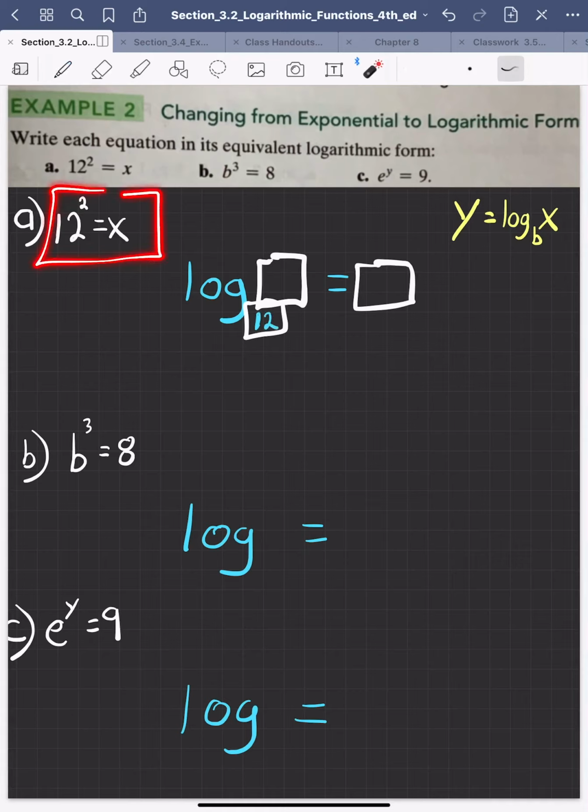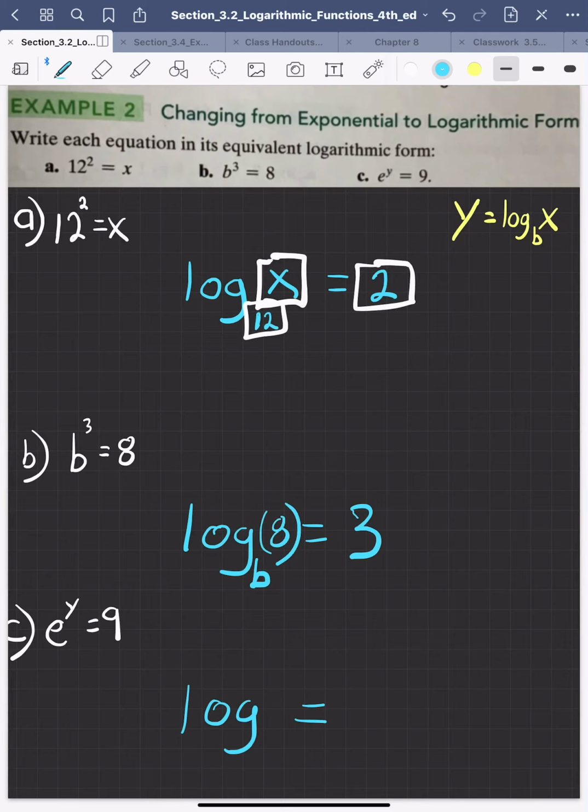All right, ready? I won't use those little boxes this time. So let's agree that we start with our base. So base is 3, so that's going to go here. So log base 3. The exponent is 3, so it's going to be equal to 3. And finally, what's left is 8.